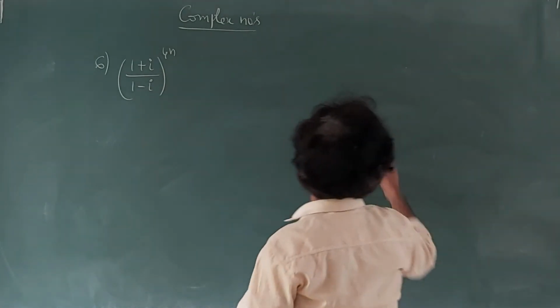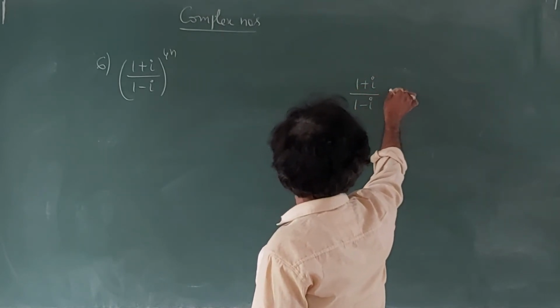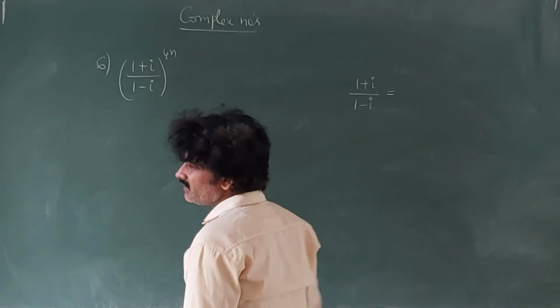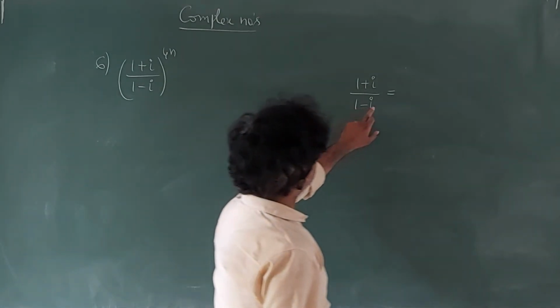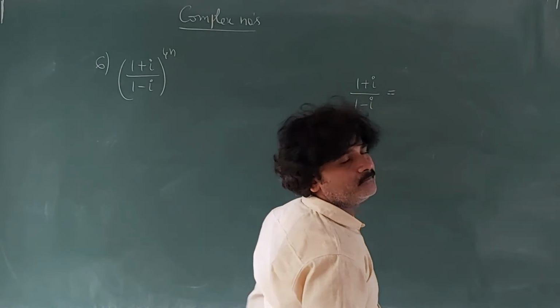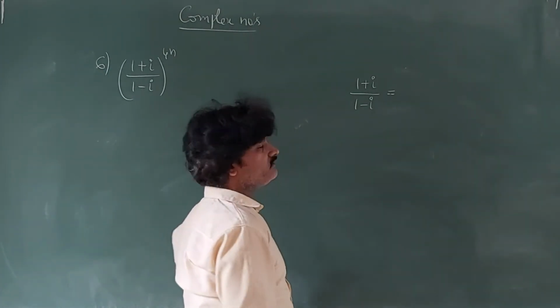Again, first let us simplify this: 1 plus i by 1 minus i. What I said: whenever the denominator is a complex number, make it real. To make it real, multiply and divide by the conjugate of the denominator. What is the conjugate of 1 minus i? Right, 1 plus i.